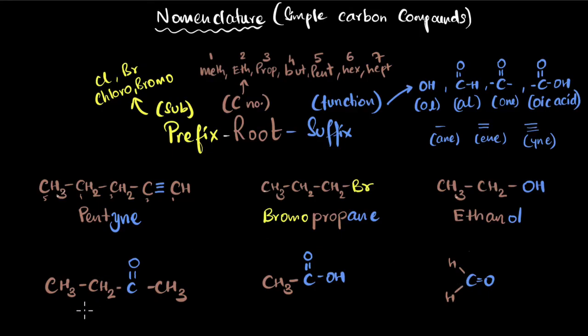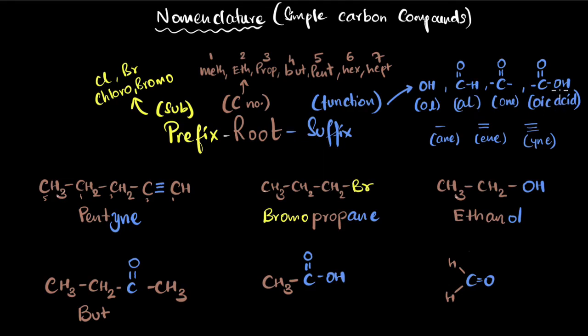So let's go to this one now. For this one, again, I don't have any prefix, no chlorine, no bromine attached. Directly, let's go to the root word. How many carbon atoms do I see? 1, 2, 3, 4. So there are 4 carbon atoms. So the root word is but. Now I have C double bond O. Which one is this? It's not "-al", because C double bond O has to be connected to H for an aldehyde.